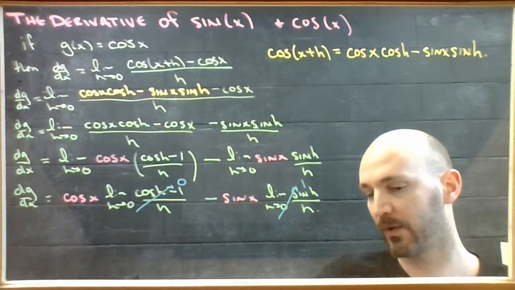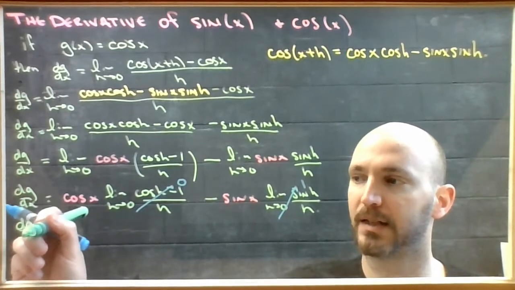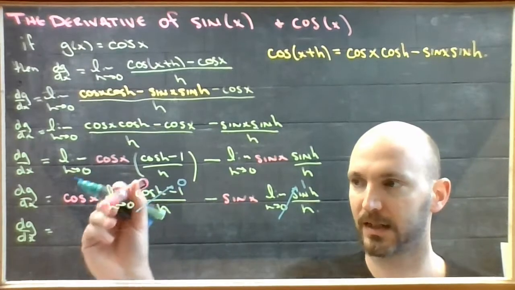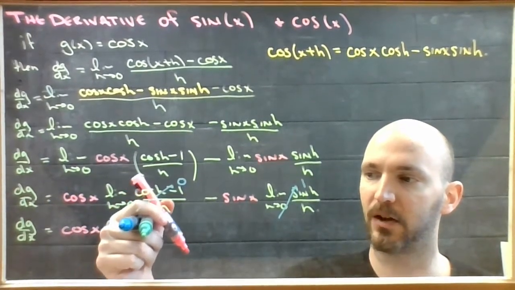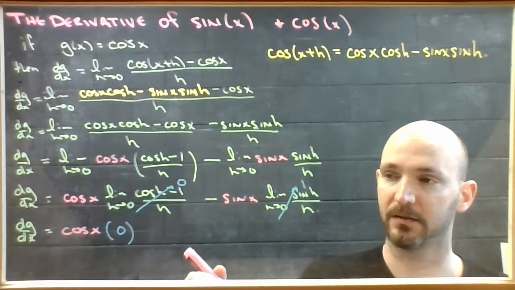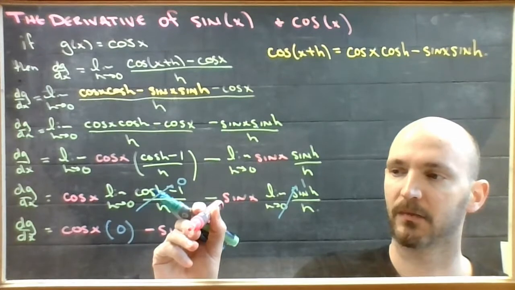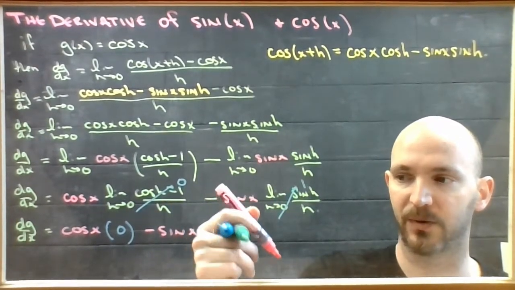So what I end up with net is that my derivative dg by dx is equal to this cosine here multiplied by a limit that I ultimately found was worth nothing, minus a sine multiplied by a limit that I ultimately found was worth 1.